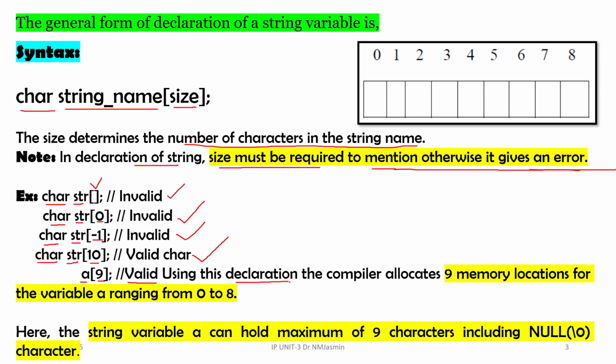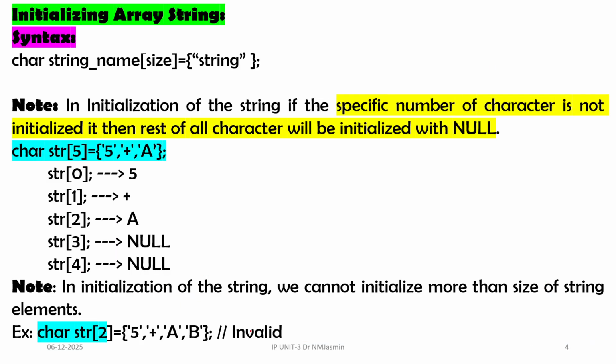Using this declaration, the compiler allocates 9 memory locations for the variable a, ranging from 0 to 8. So the string variable a can hold a maximum of 9 characters, including the null character. That is the syntax.